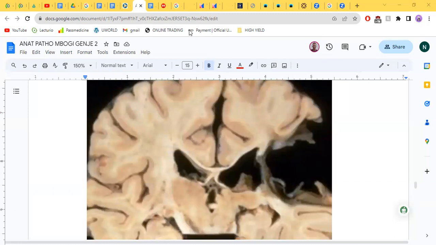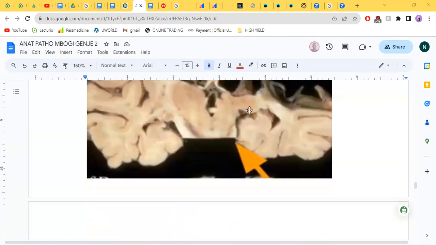What could our diagnosis be? Any tries? Necrosis with a cavity. I think that's correct, right?